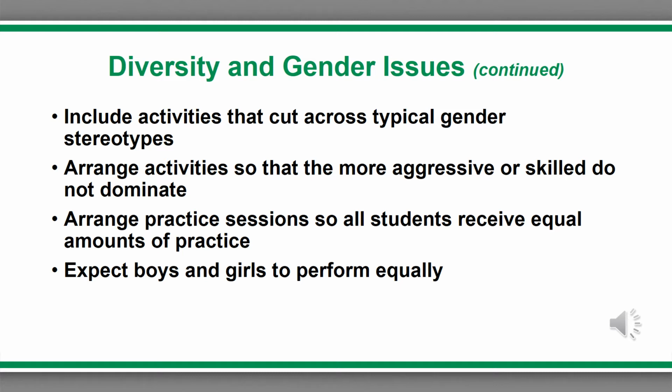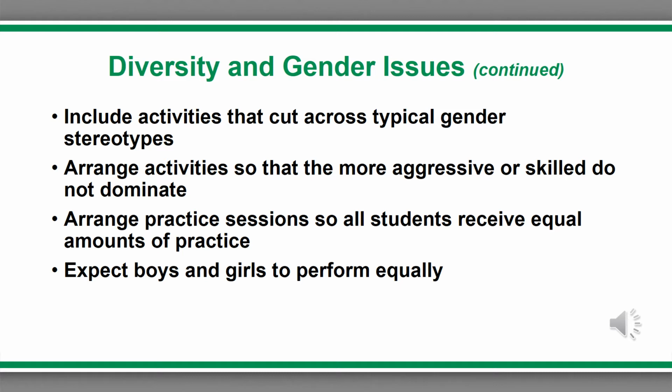Make sure to include activities in the curriculum that cut across the typical gender stereotyping. Like we talked about boys getting them to do rhythmic activities, and maybe girls could be doing the flag football and such. Arrange activities so that the more aggressive and the skilled students do not dominate.